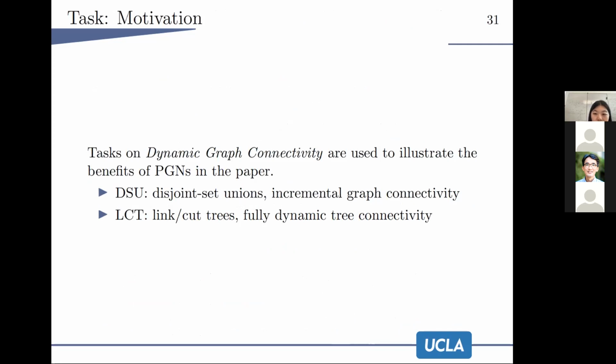And some motivating examples include disjoint set unions, which is incremental graph connectivity, and also link/cut trees, where we could be linking or cutting, so it's fully dynamic tree connectivity. These are the two major examples discussed in the paper.